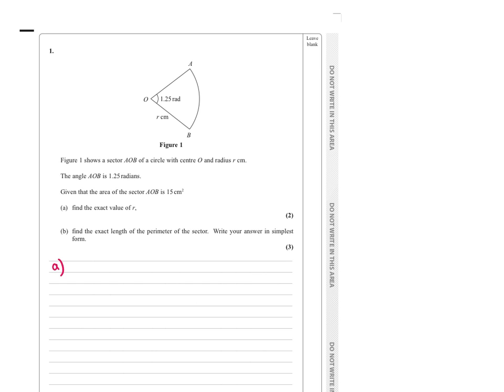So first of all, how do we find the area of a sector? Okay, we know if we're going to find the area of a sector, we would do theta over 2 pi multiplied by pi r squared, okay? Obviously, we'd cancel pi, so the formula is theta r squared over 2.